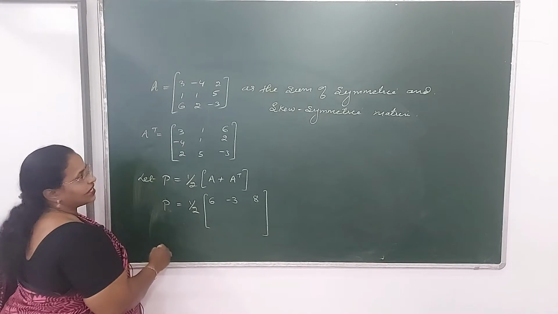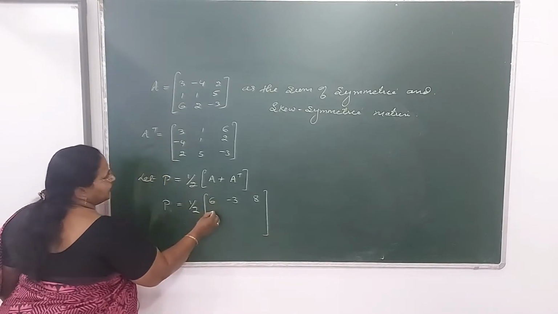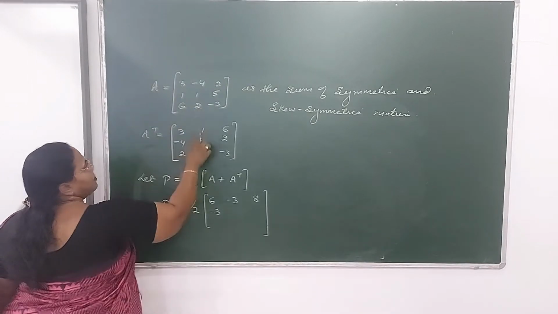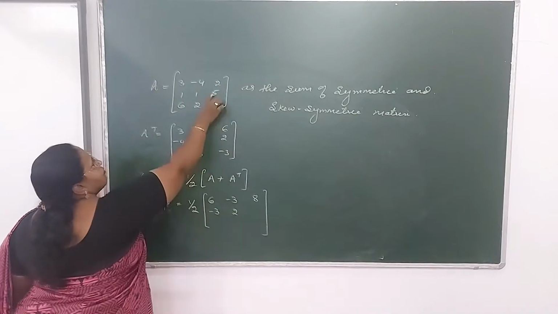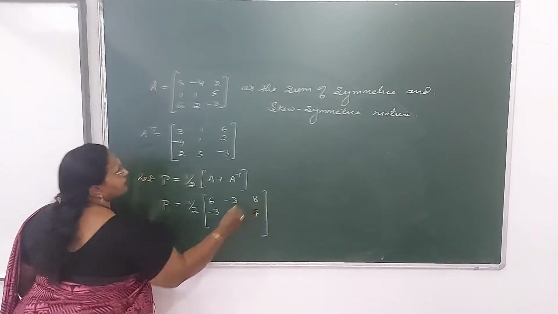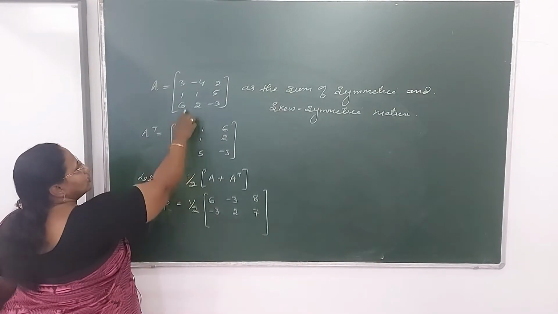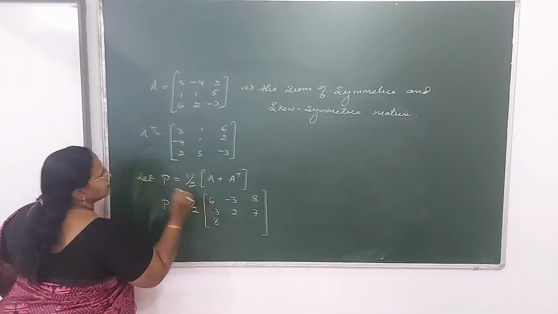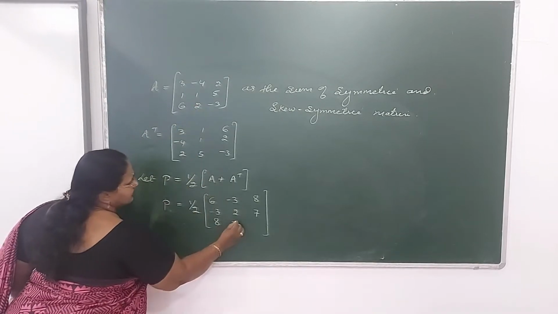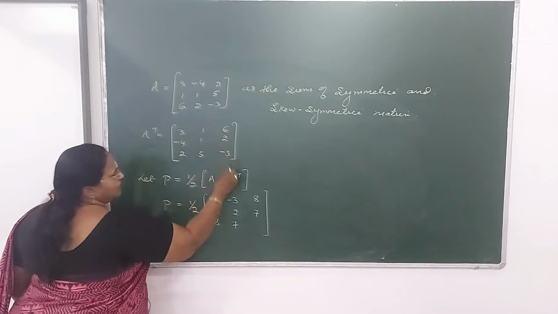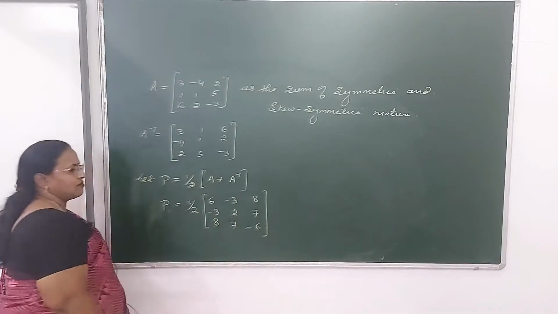Likewise, we'll move with the second one. 1 minus 4, it's minus 3, 1 plus 1 is 2, 5 plus 2 is 7. We'll move with the third row. 6 plus 2, this is 8, 2 plus 5, this is 7, minus 3 is minus 6.